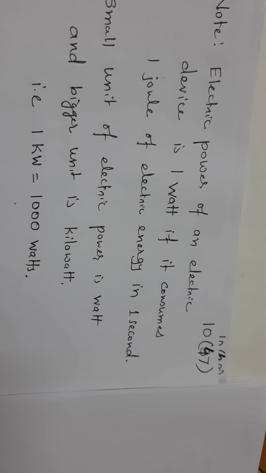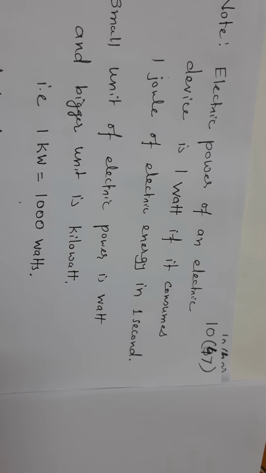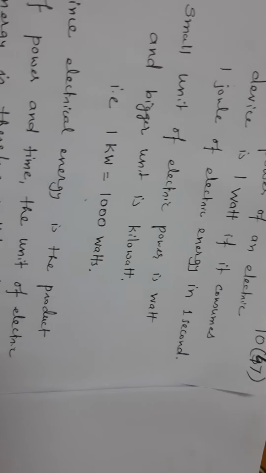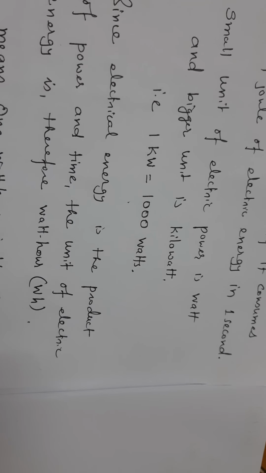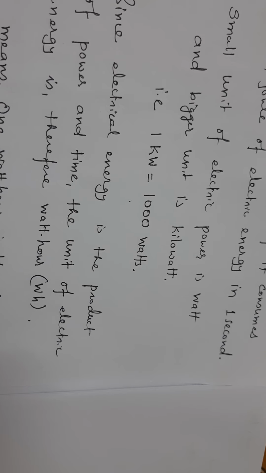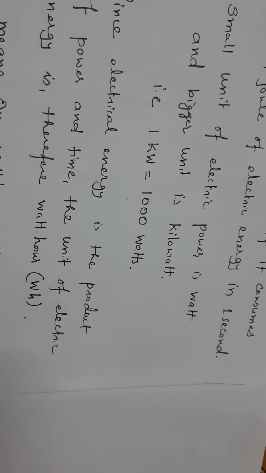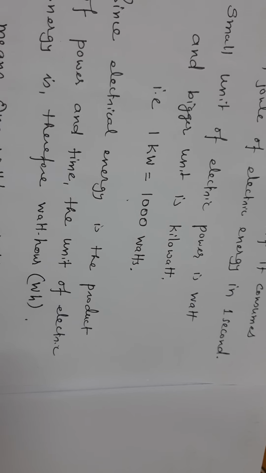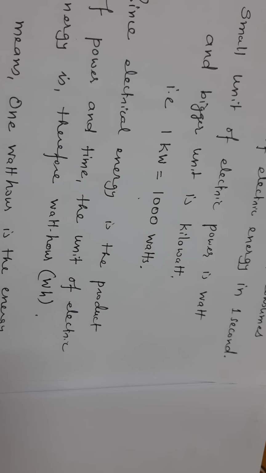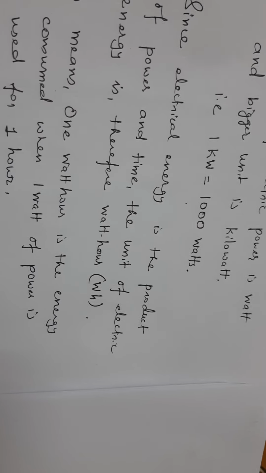Since the electrical energy is the product of power and time, the unit of electrical energy is therefore watt hour, that is WH. This means 1 watt hour is the energy consumed when 1 watt of power is used for 1 hour.